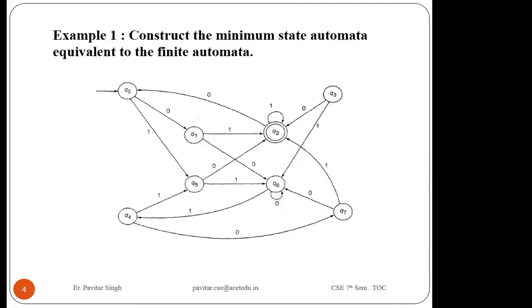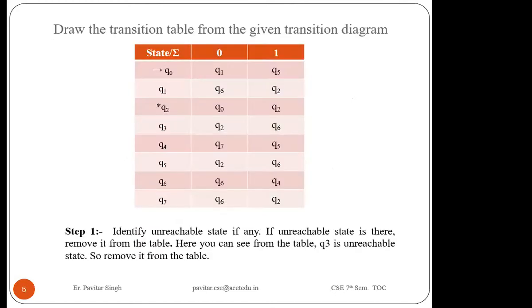Next we have Q6 upon the processing of 0, it is moving to itself, and Q6 upon the processing of 1, it is moving to Q4. Last state is Q7. Q7 upon the processing of 0, it is moving towards Q6, and Q7 upon the processing of 1, it is going to Q2. So here your transition table is completed, right?